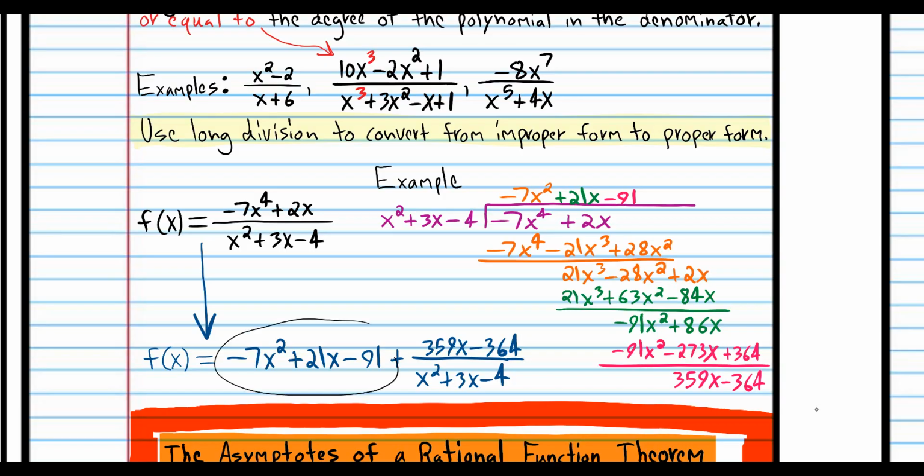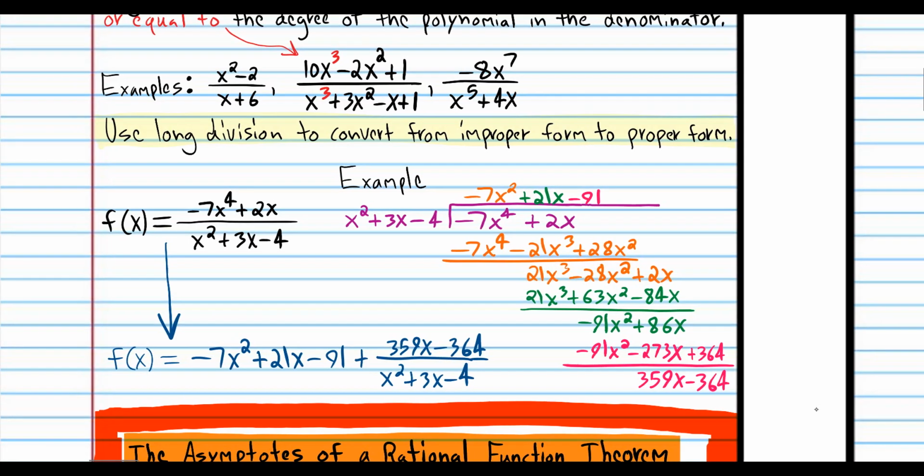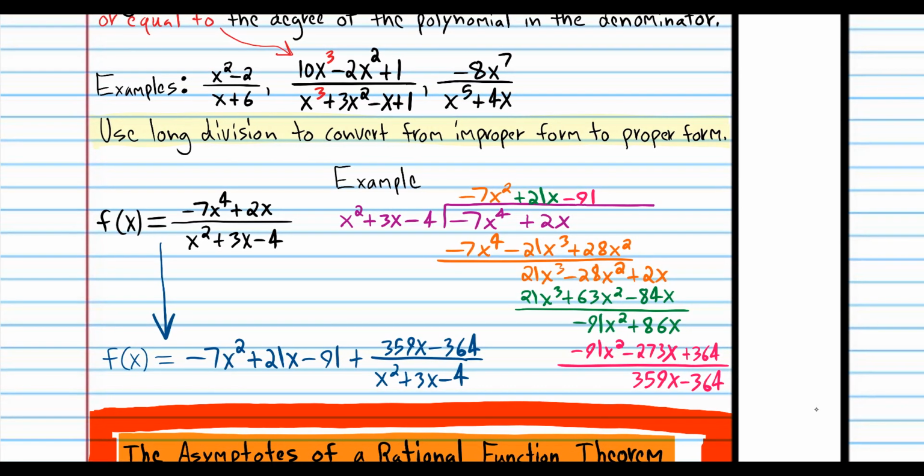And this expression here is what I call an asymptote curve. Even though asymptotes are really supposed to be lines, the graph approaches this curve, this invisible curve on the graph. And we're going to talk more about that later.